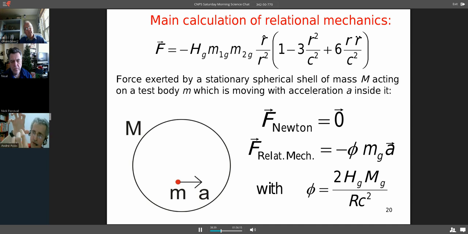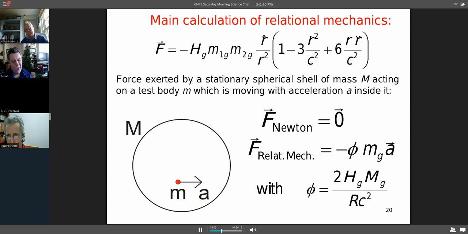Okay, I have the shell, and for instance, I accelerate it with my hand. Will the shell exert a force on the internal particle? Remember that according to Newton, his theorem 30, the force goes to zero. But this goes to zero only for a force which falls as 1 over r squared.